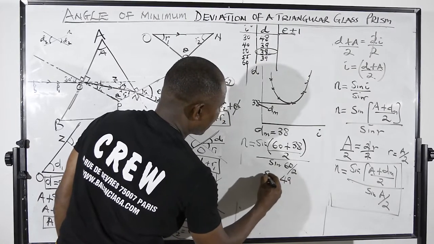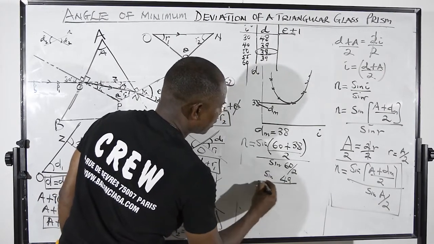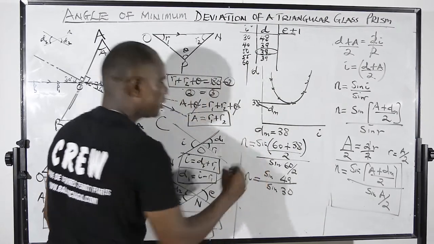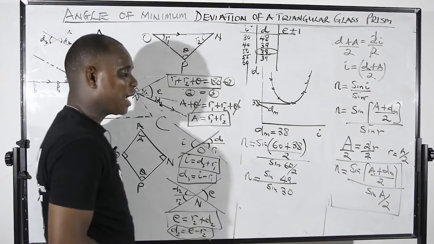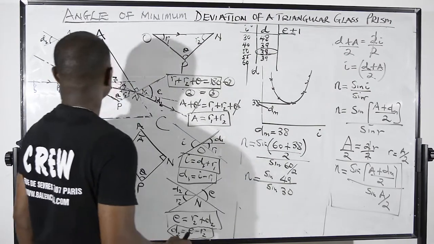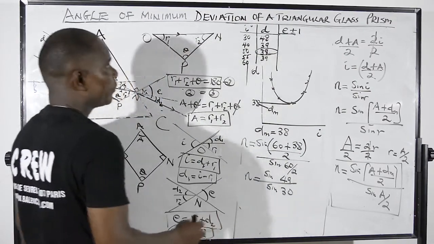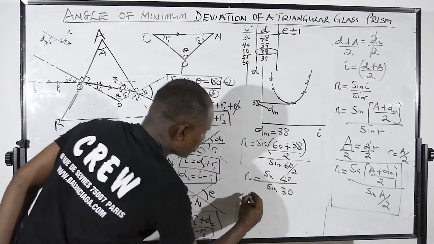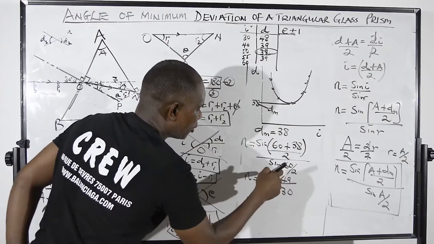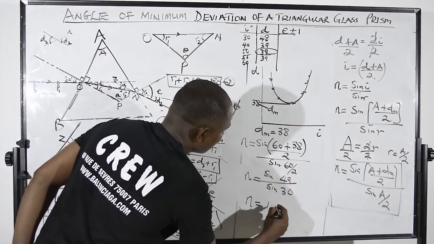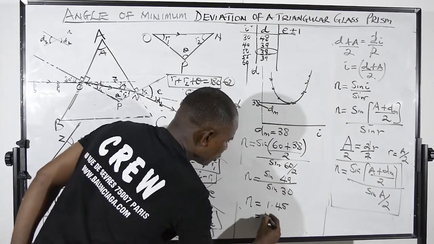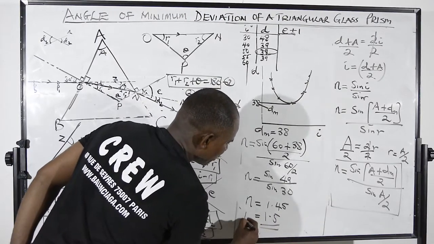So you have sine 49 divided by sine 30, sine 30, that is the angle of refraction, or the index, the refractive index to be precise. So have n is equal to, if you punch this on your calculator, you get something around 1.5.